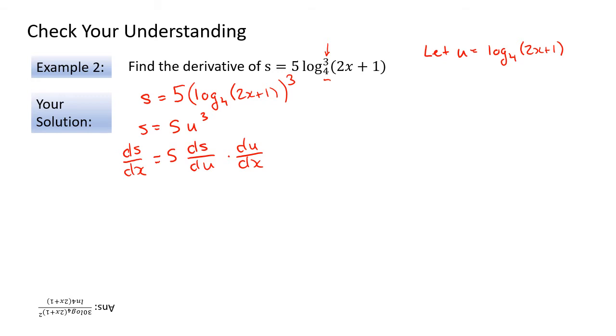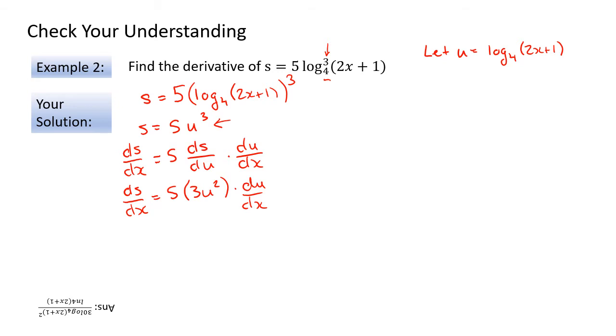If we continue, ds by dx is equal to 5 times 3u squared, taking that derivative, times du by dx.